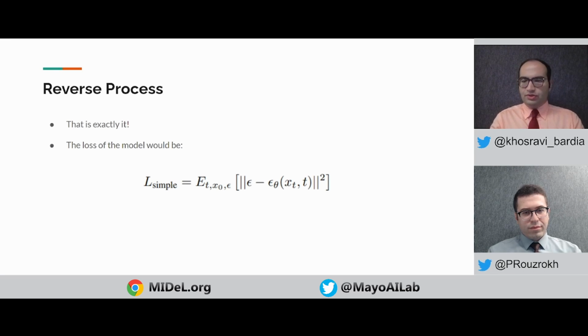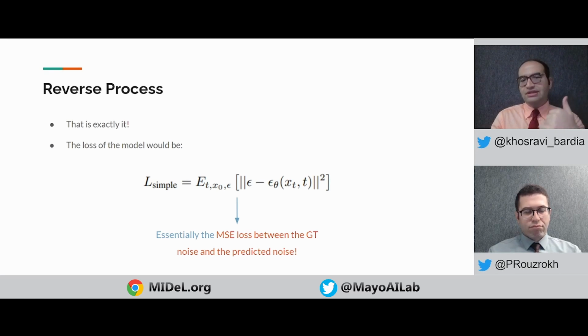So you can do it with both, but essentially if you guess how much noise was added to that image, then you can use an L2 loss or MSE loss to calculate the difference between the real added noise, the one that we know was added, and the model's prediction of what the noise looks like, and subtract them to get an MSE loss, and that will be it.